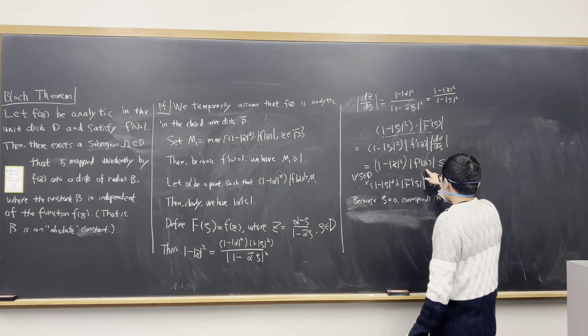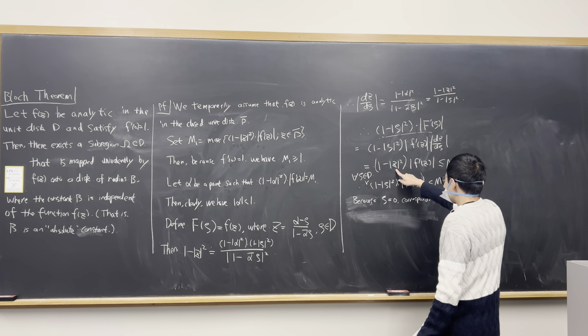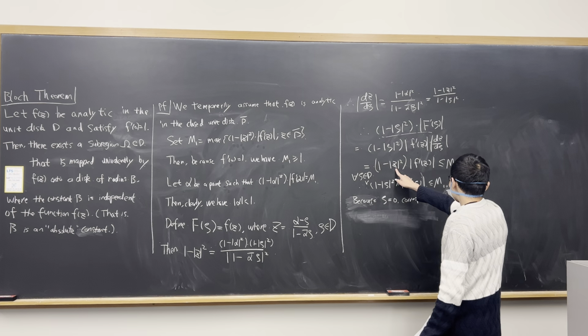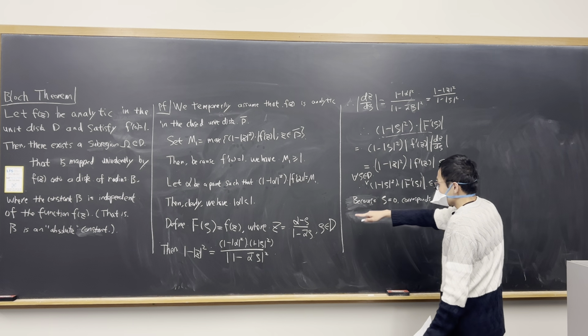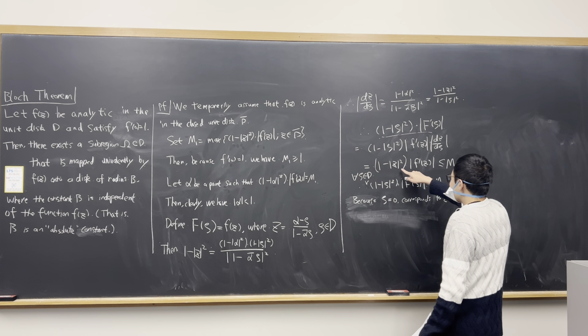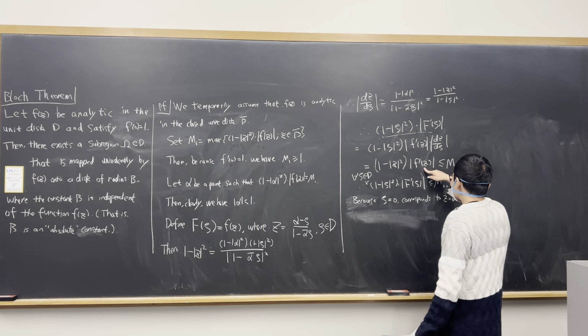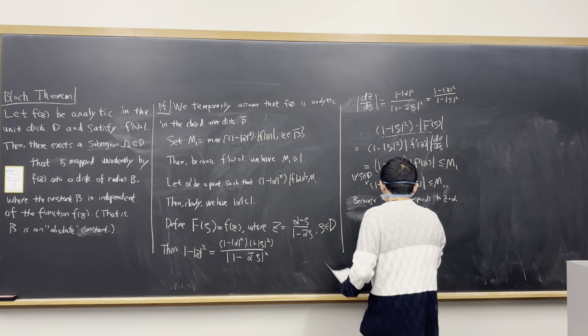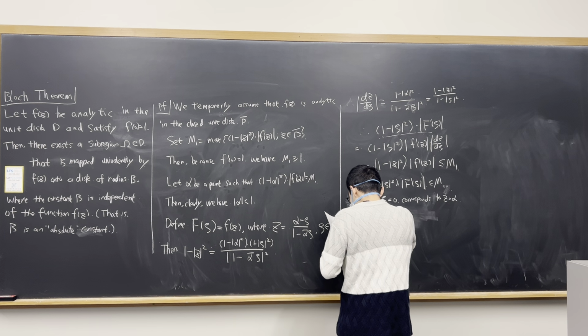When you plug in zeta equals 0 here, you get z to be alpha, and this is f prime of alpha.